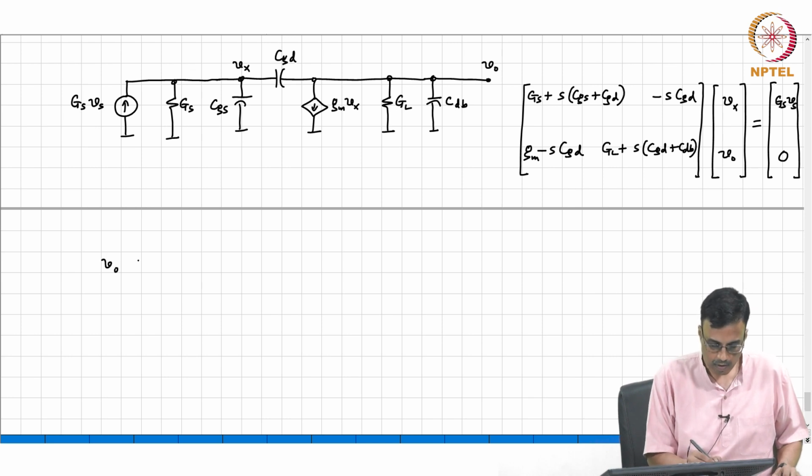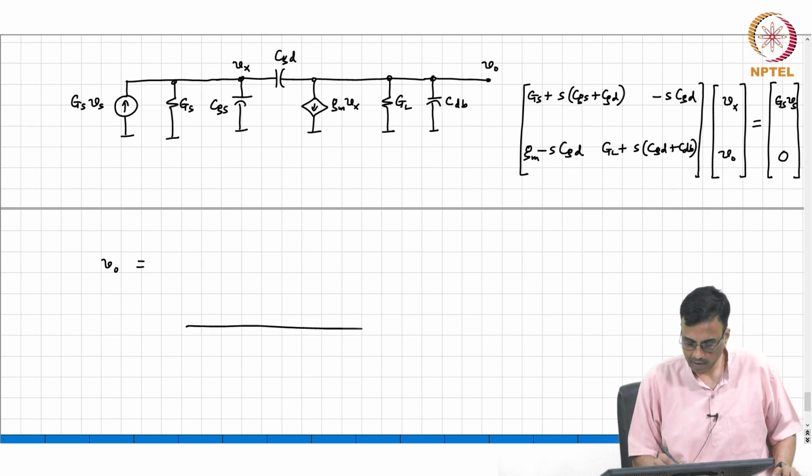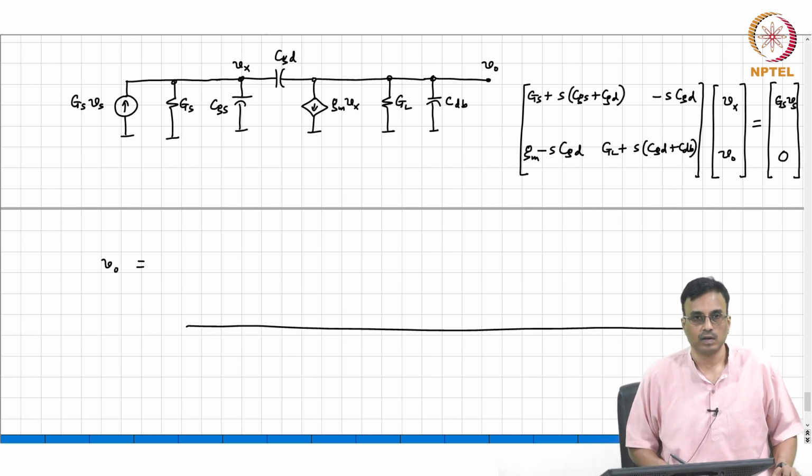All right. So, what is VO therefore? It is nothing but you find the determinant of the matrix.